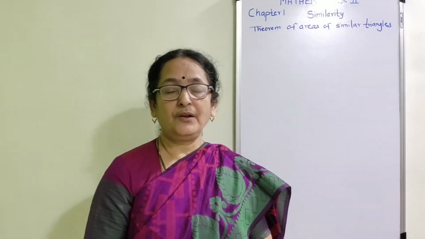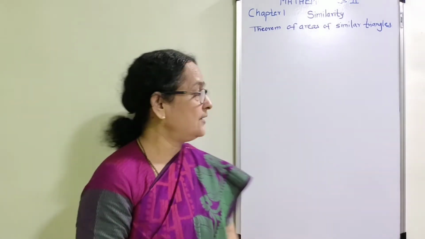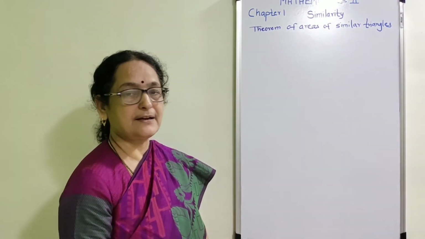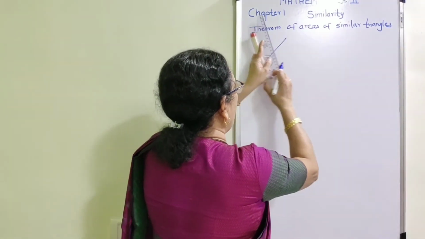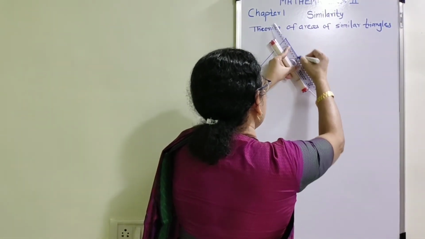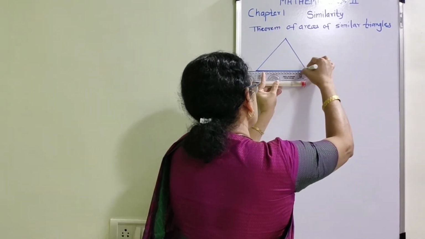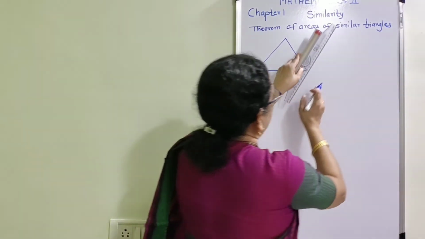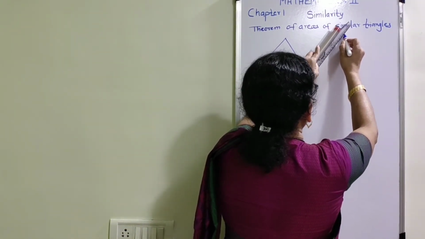But here, when two given triangles are similar to each other, then what will be the change in the ratio of their areas? When the given two triangles are similar to each other, at that time the ratio of areas of those two triangles is also equal to the ratio of squares of their corresponding sides.